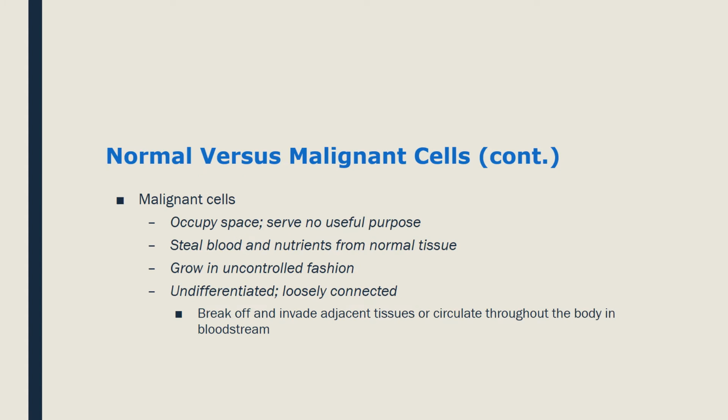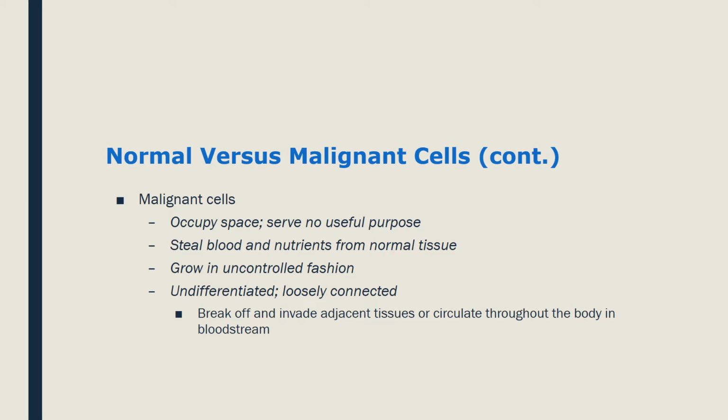Malignant cells, on the other hand, take a life of their own. They start functioning. They don't look like normal human cells, but they certainly act like one, and they occupy space. There's no purpose at all other than harm. They start getting blood supply and nutrients from normal tissue.